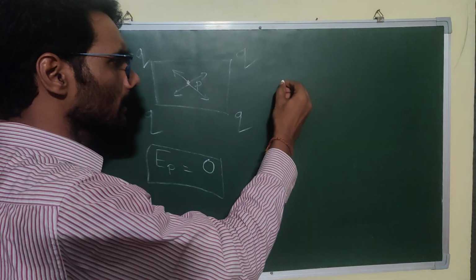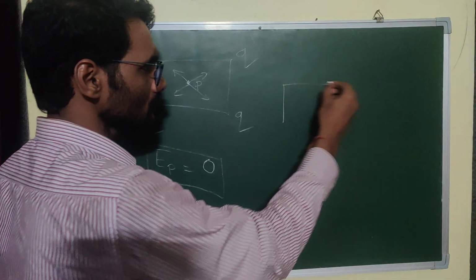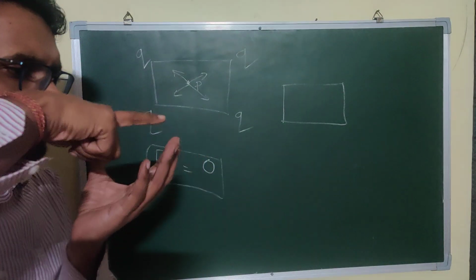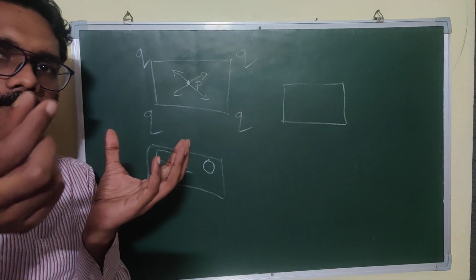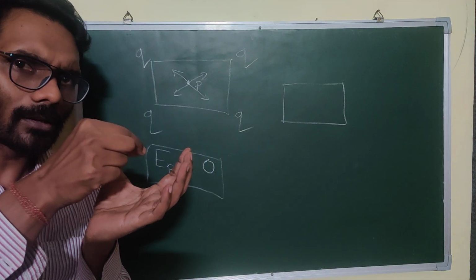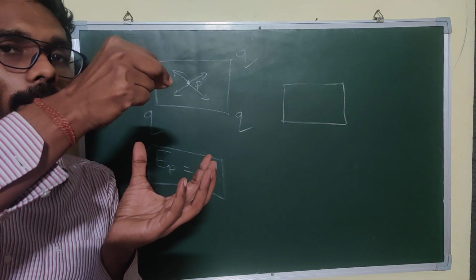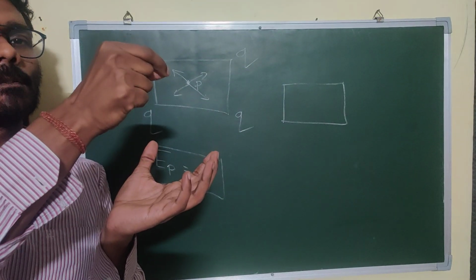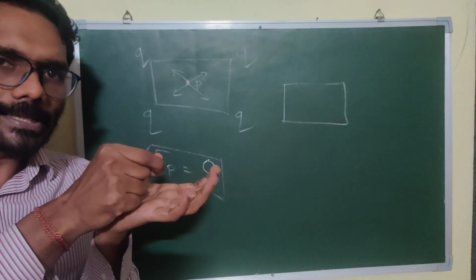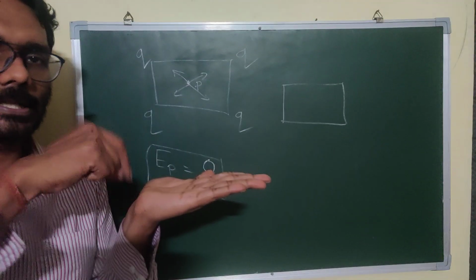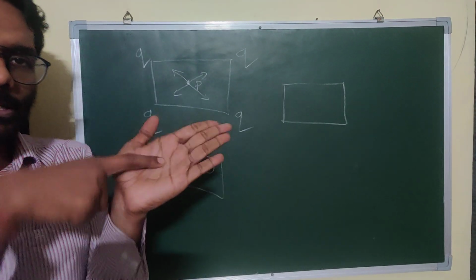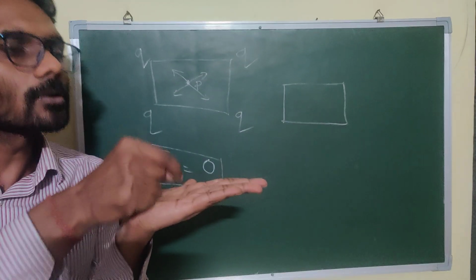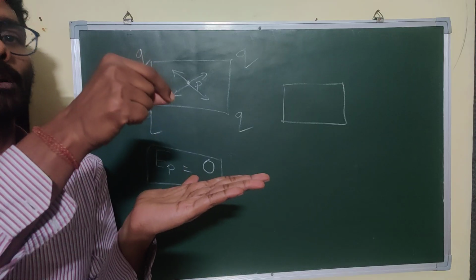Okay, so again, that same square. But now find out the electric field not at the center, but at a point a little bit above the square, at height h, the point P. So the electric field at the center is 0, but I want to find out the electric field at h height above the center.